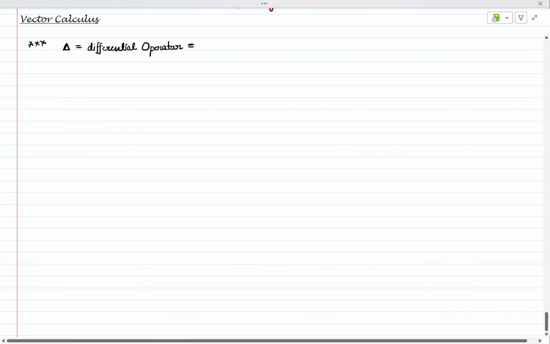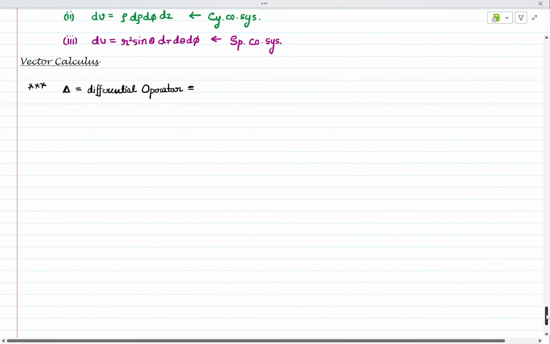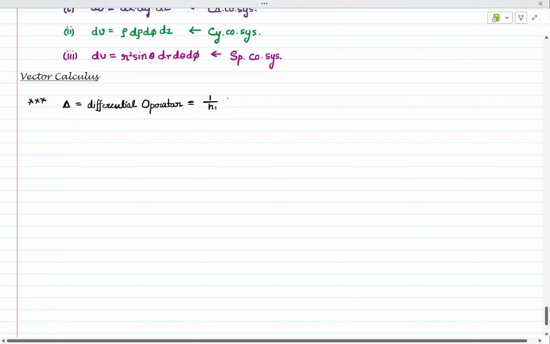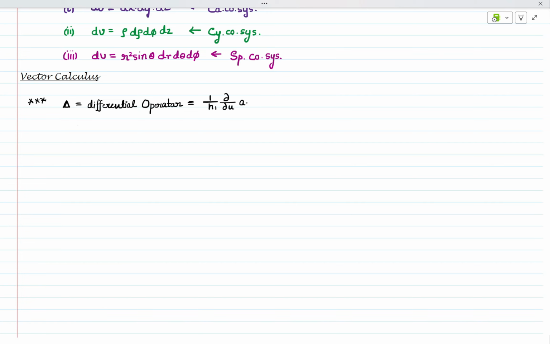This del operator can be written as 1 by h1 dou by dou u into au, plus 1 by h2 dou by dou v into av, plus 1 by h3 into dou by dou w, that is the partial derivative, into aw.